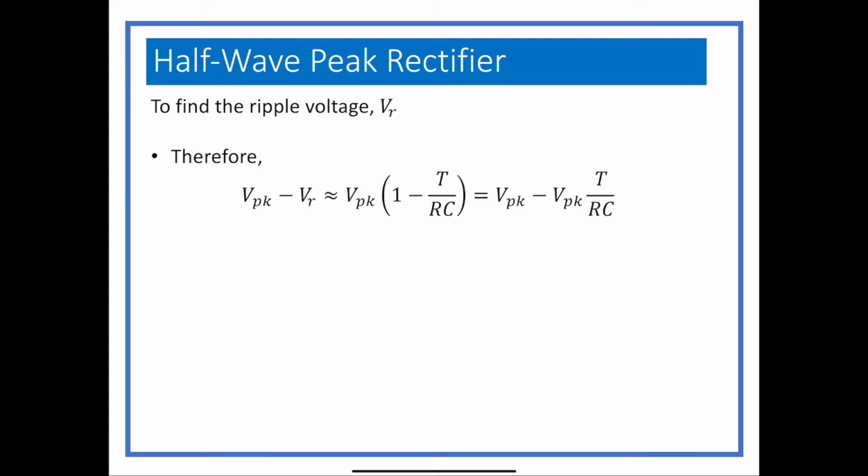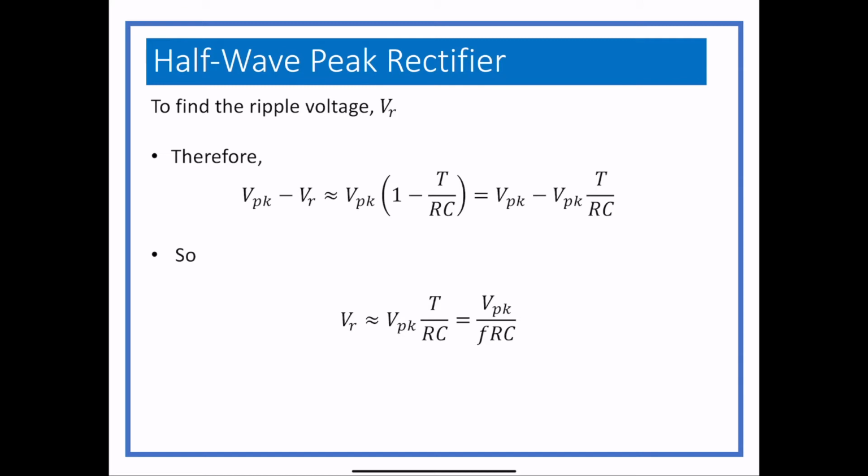Therefore, V peak minus VR is approximately equal to V peak times 1 minus t over RC, which is equal to V peak minus V peak times t over RC, which means that we can solve for VR if we just equate VR to V peak times t over RC.